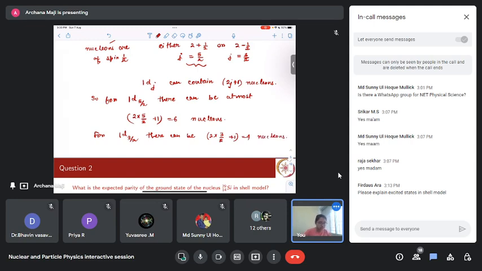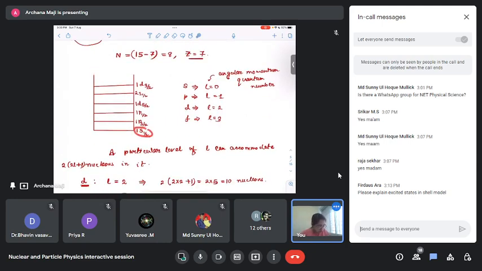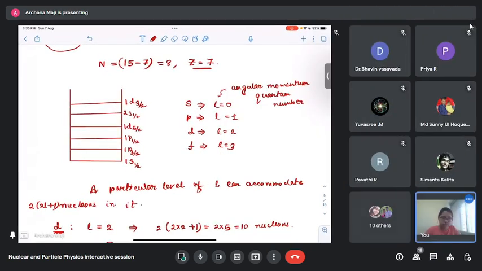The same thing happens for all these levels. So for 1s half, how many nucleons can we put here for 1s half? Can someone answer? Yeah, okay.